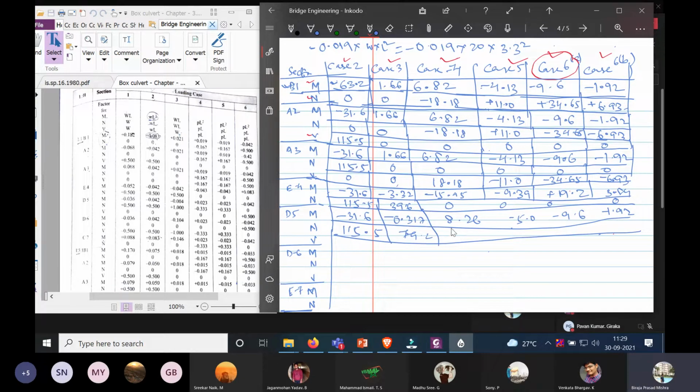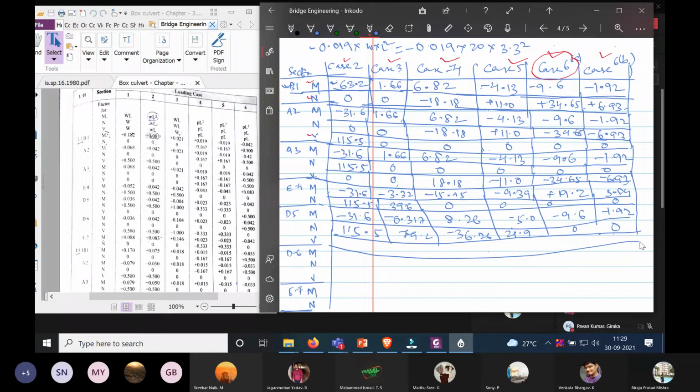Okay. Next value is minus 36.26, and the next value is 21.9. Next I have 0 and 0 here. Okay.